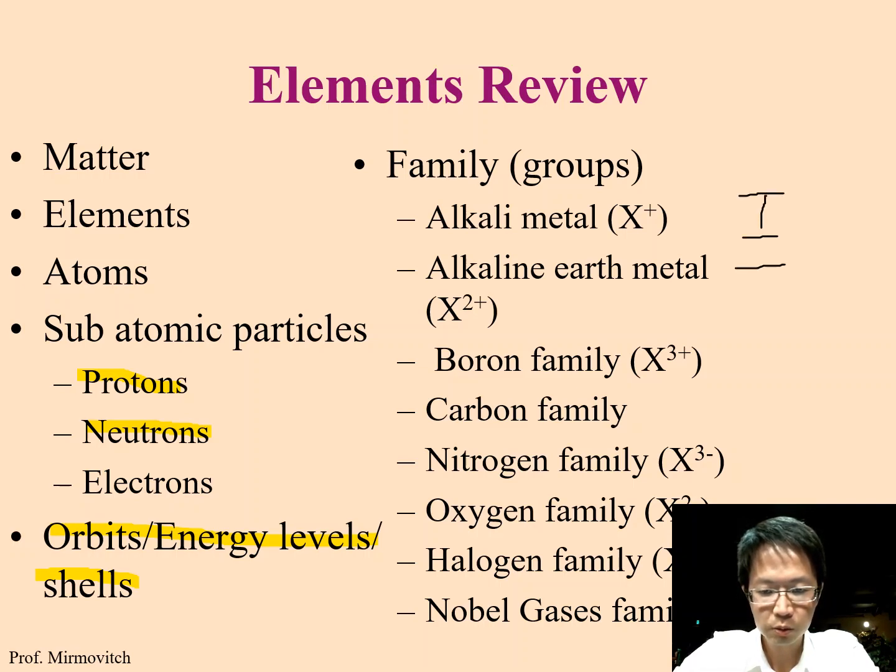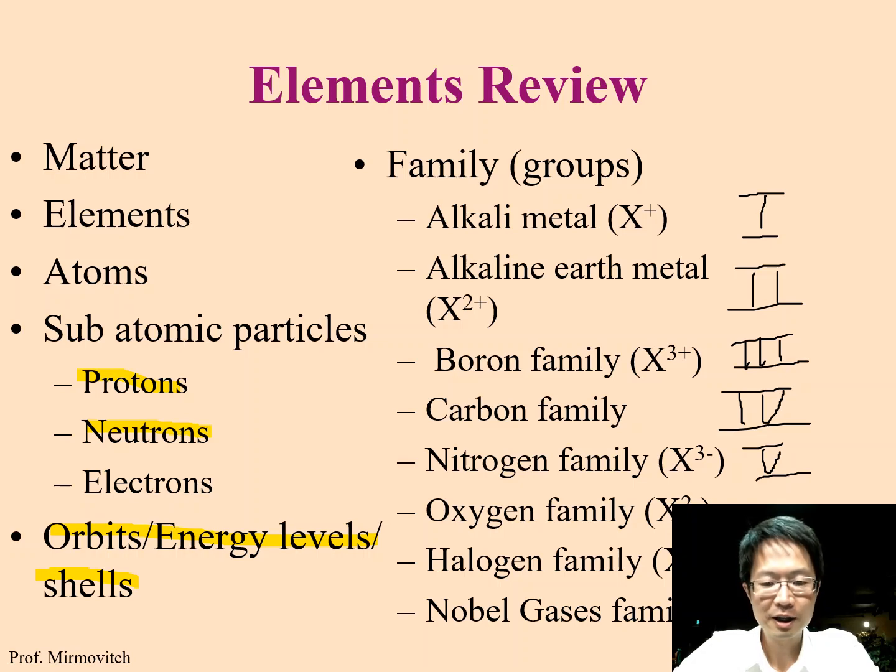Group 1 is alkali metal, group 2 is alkaline earth metal, group 3 is the boron family, group 4 is carbon, group 5 is nitrogen. Well, my video blocks the rest, you can complete the rest. Group 6 is oxygen, group 7 is halogen, and then group 8 is noble gas, aka inert gas.